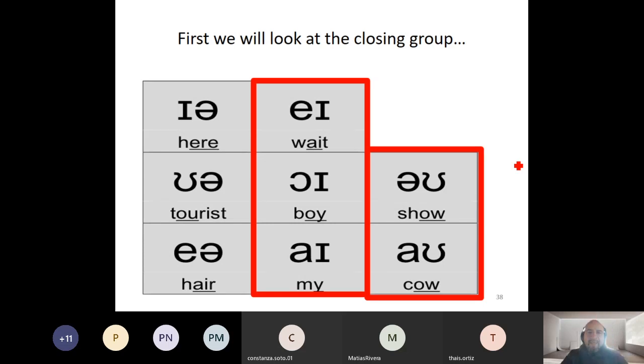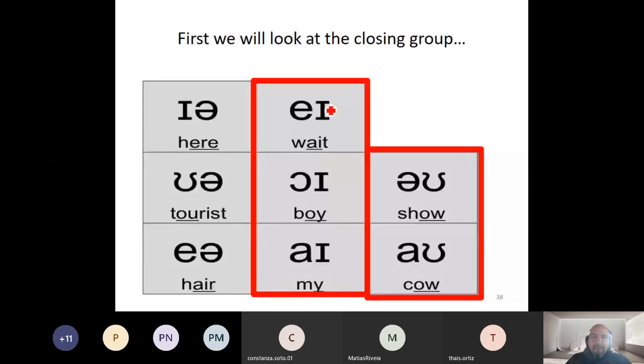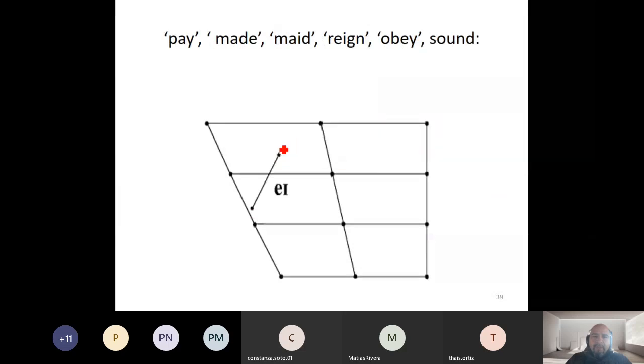These are closing, because if you look at the first grip, they go from E, O, and A, and they go up to the I sound, which is a vowel which is half closed.